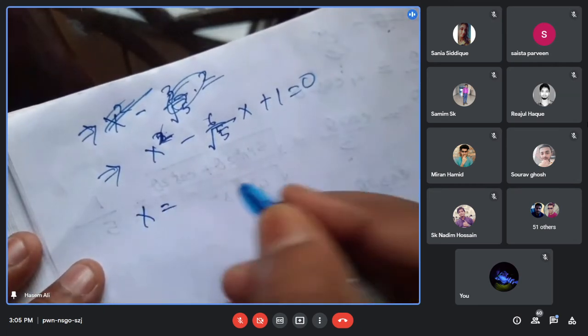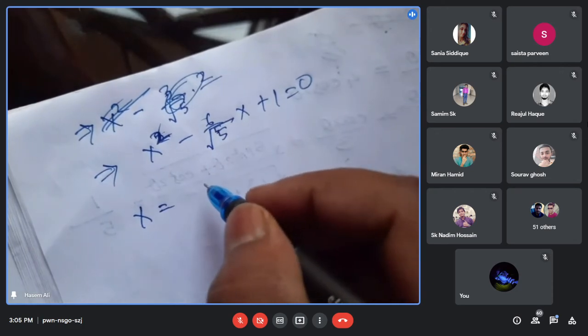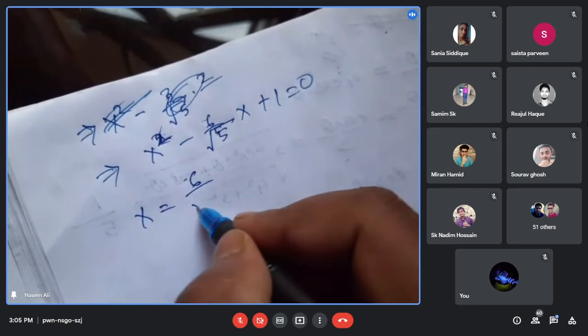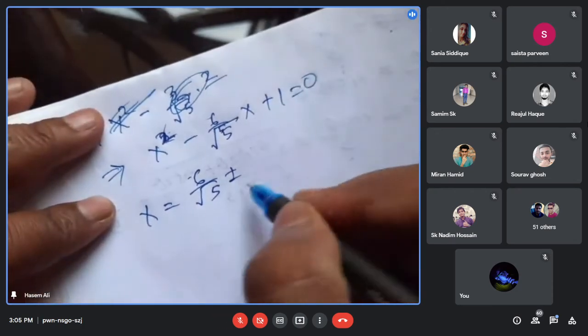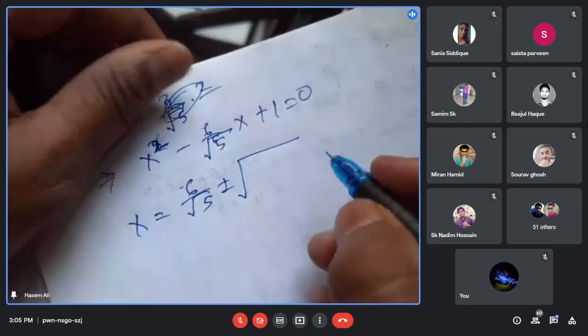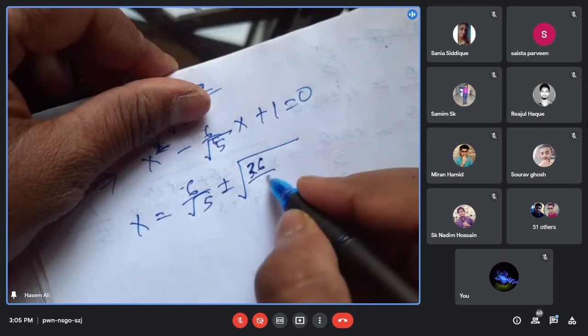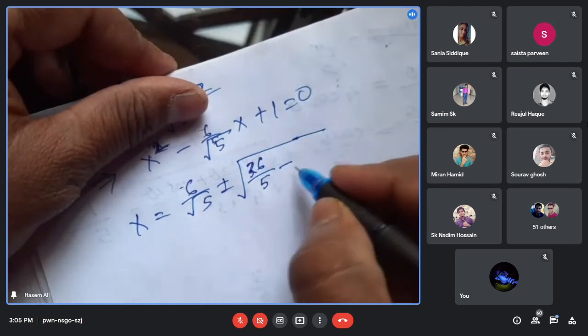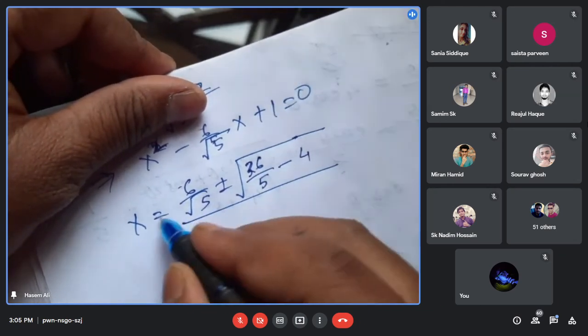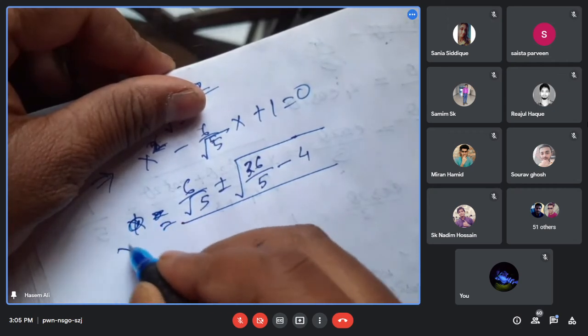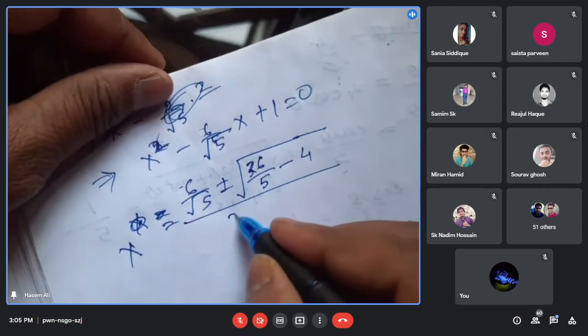So x equals to minus b, that means 6 by root 5, plus minus root over b square, here 36 by 5, minus 4ac, that means 4, divided by 2a, and 2a means 2 into 1.